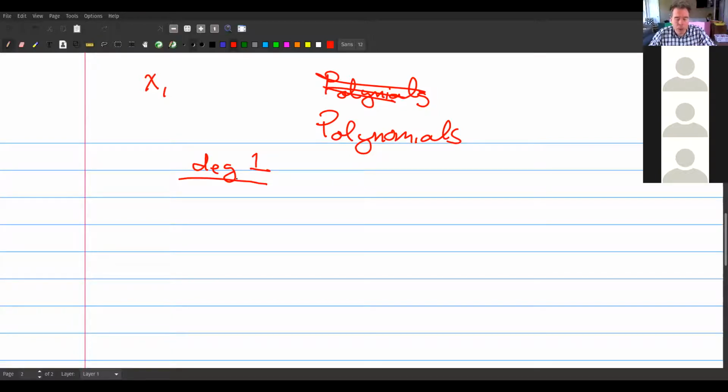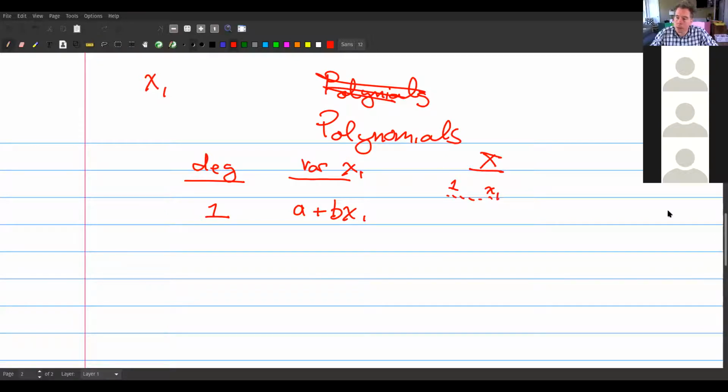Here's a column for degree, and we'll consider different degrees. So first, degree 1, and the variable is just x1. So you can do a plus b times x1. In terms of a matrix X, you have a bias column, and then you have a column for x1.